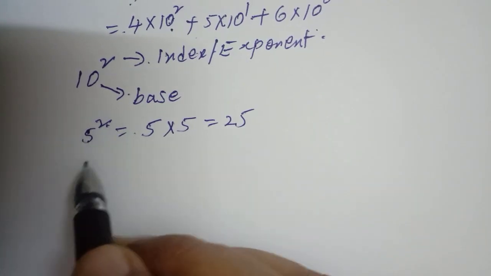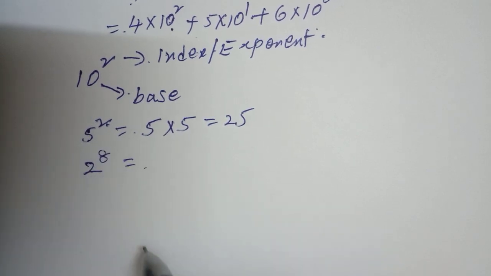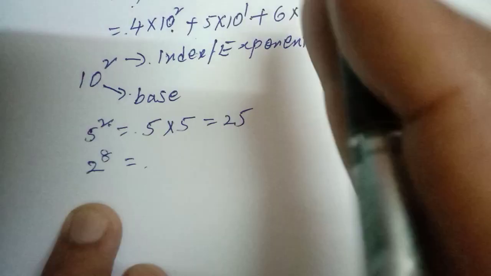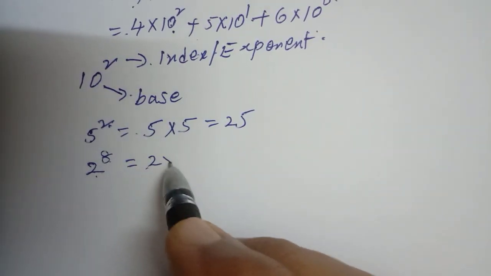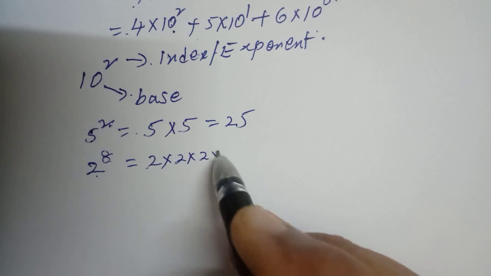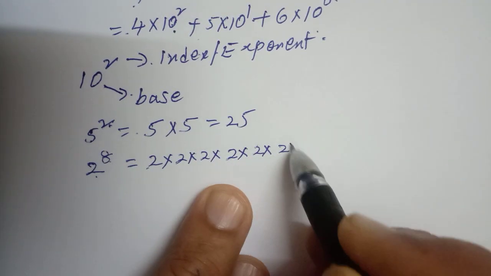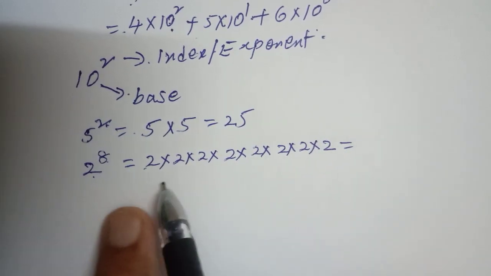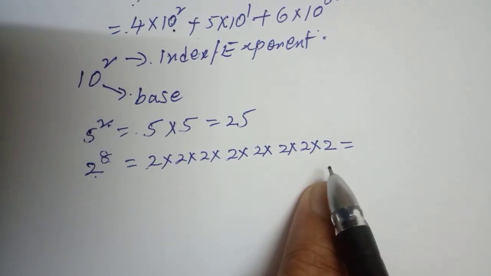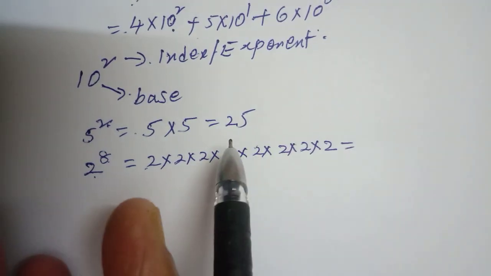If we write 2 to the power of 8, that means 2 has to be multiplied by 2 how many times? 8 times. 2 into 2 into 2, 3rd, 4th, 5th, 6th, 7th, 8th time. See, they are writing this many times.